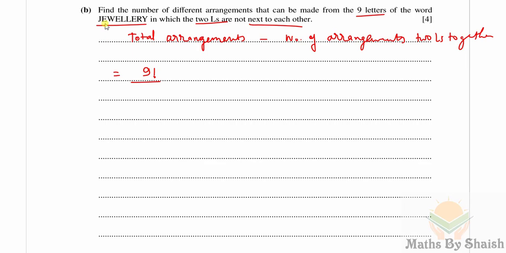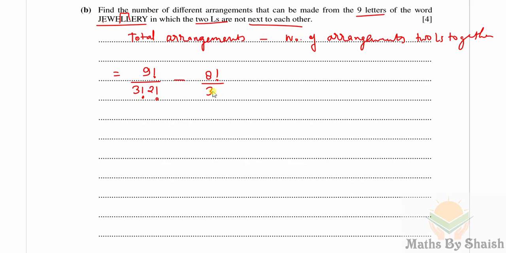For the total number of arrangements, there are 9 letters, so it would be 9 factorial, and 3 E's are there, so to remove duplicacy we divide by 3 factorial, and similarly for the 2 L's, 2 factorial. For the case when the 2 L's are coming together, we take these 2 L's as 1. So there are 8 items, so 8 factorial ways. Again, to remove the duplicacy, we divide by 3 factorial, because there are 3 E's.